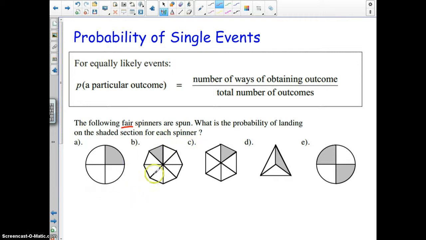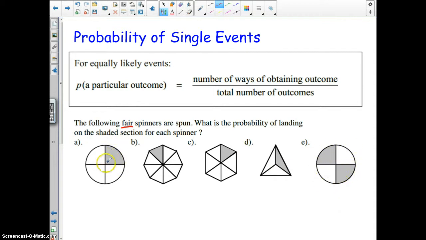Now let's look at all the spinners now. And you should have noticed that they're all equally divided. Like this one is divided into 4 equal parts. That one is divided into 8 equal parts. That one is divided into 6 equal parts. This is divided into 3 equal parts. And that is also divided into 4 equal parts, same as the first one.